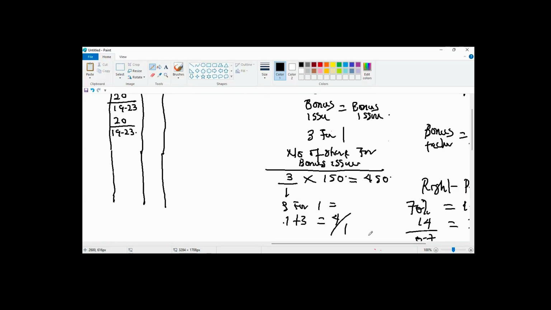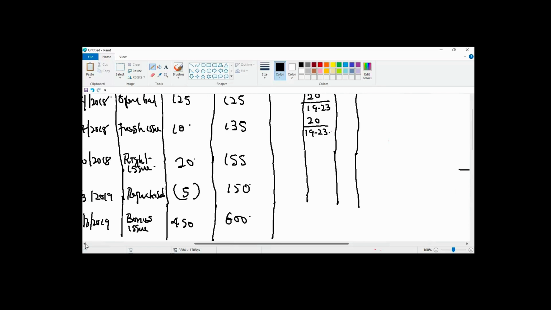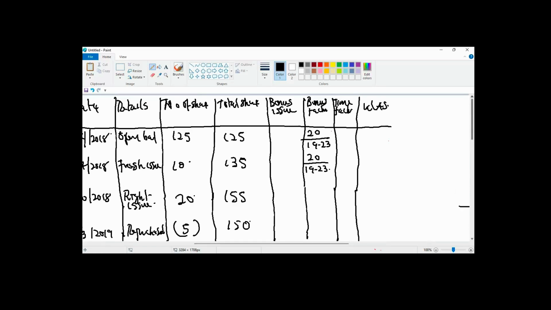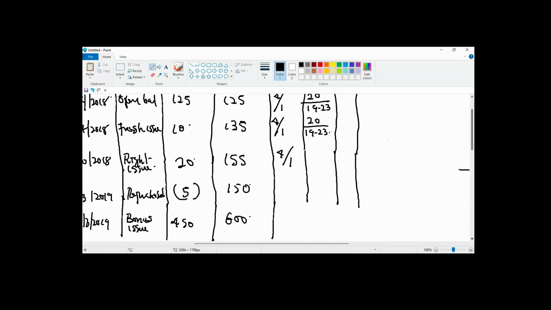It must be given to whom? Existing shareholders. So the bonus issue factor will now be 4/1. That's all.